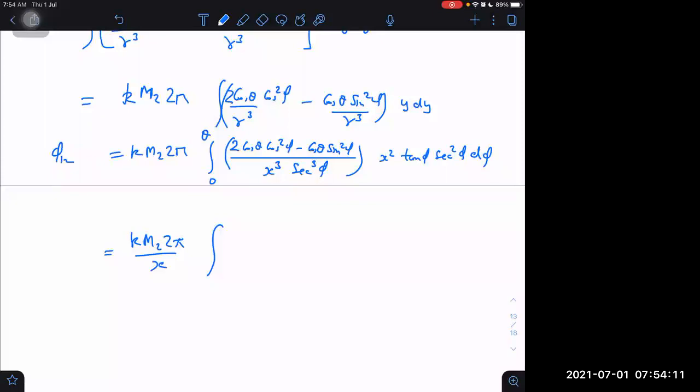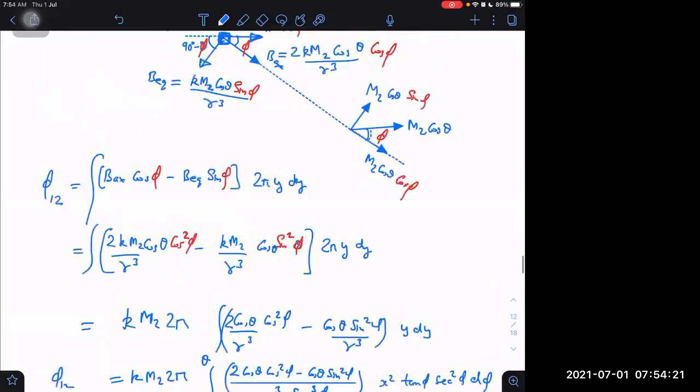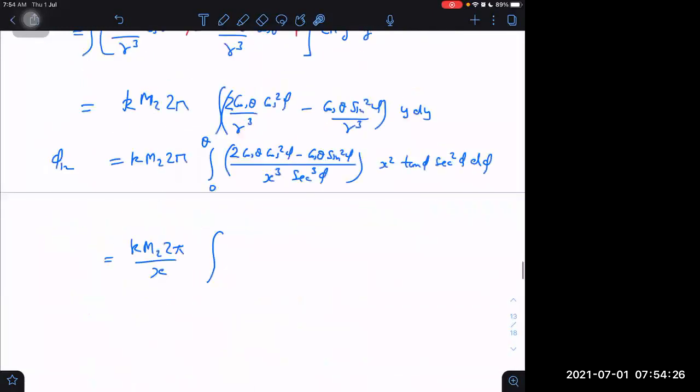Luckily some terms are getting cancelled. Secant cube phi, secant square phi. Cos theta can be taken out, since it was in both terms. Then we are left with 2 cos square phi minus sin square phi into tan phi into secant square phi upon secant cube phi. Secant square phi will go away.